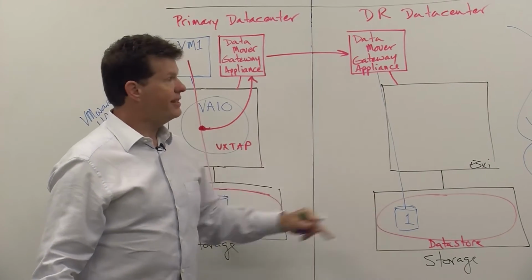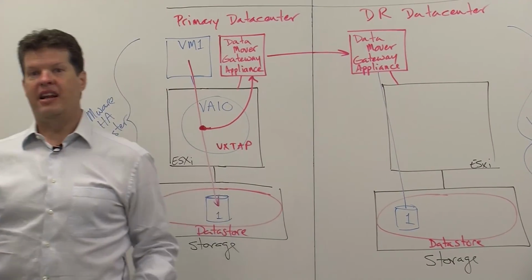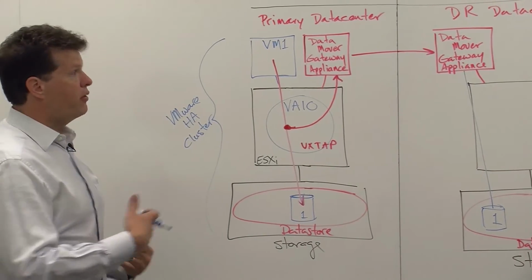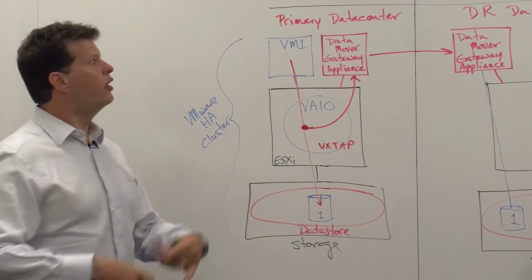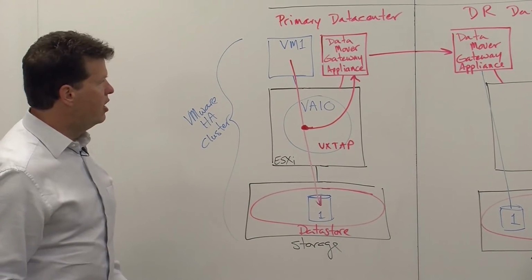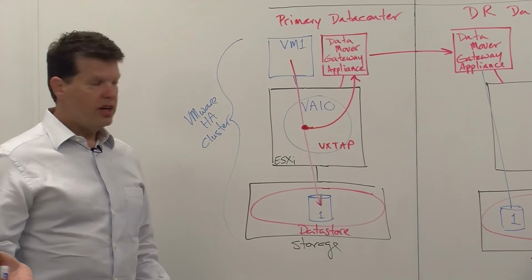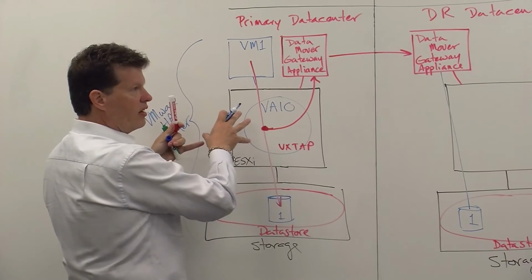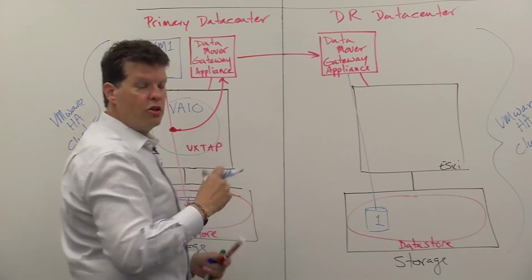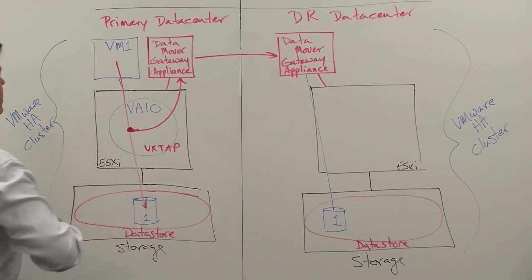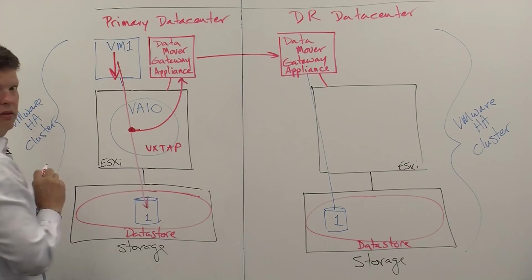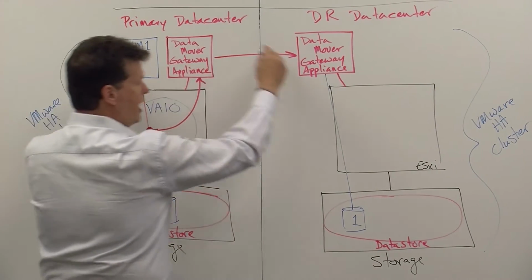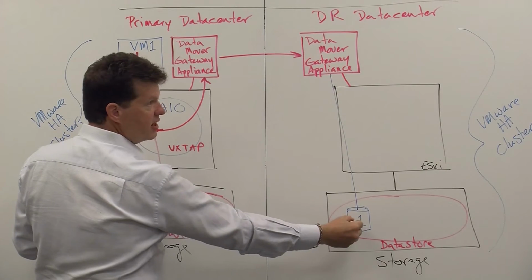Once it's fully synchronized, consistent and up to date, then we perform migration operations, takeover operations, rehearsal operations, etc. An example with a migration operation is we want to shut down this virtual machine and bring it up on this site. So basically we bring this virtual machine down. We already have the duplicate data over here in this disk.